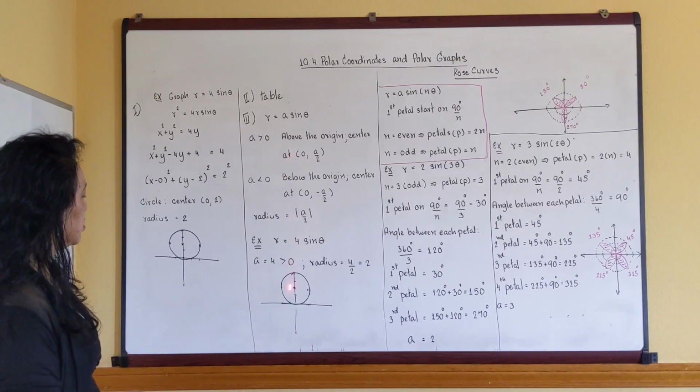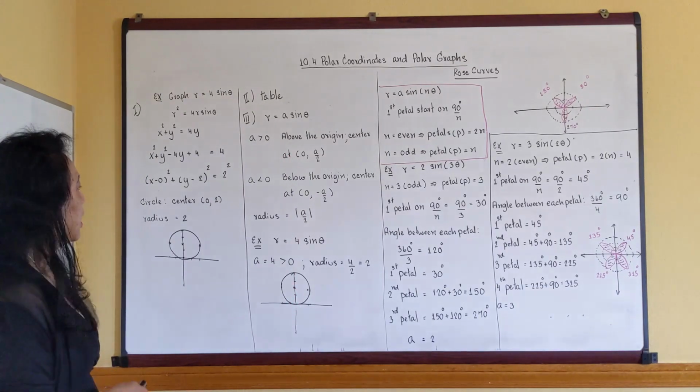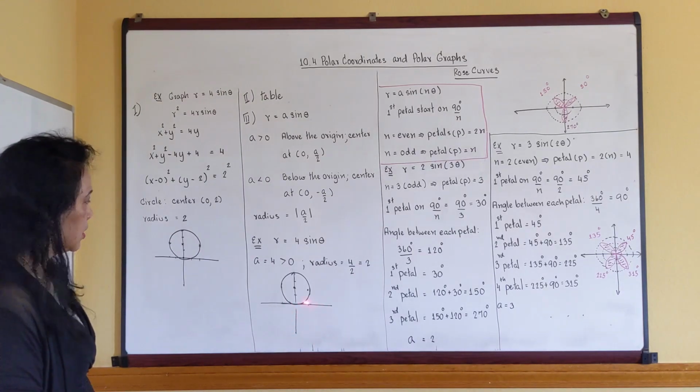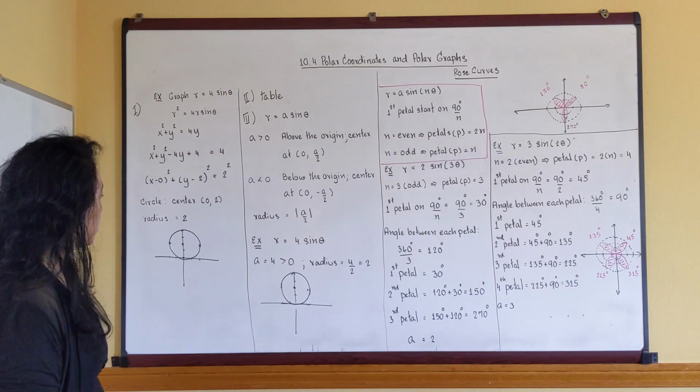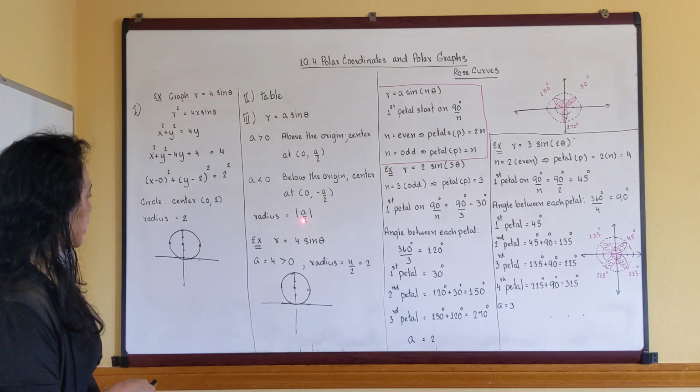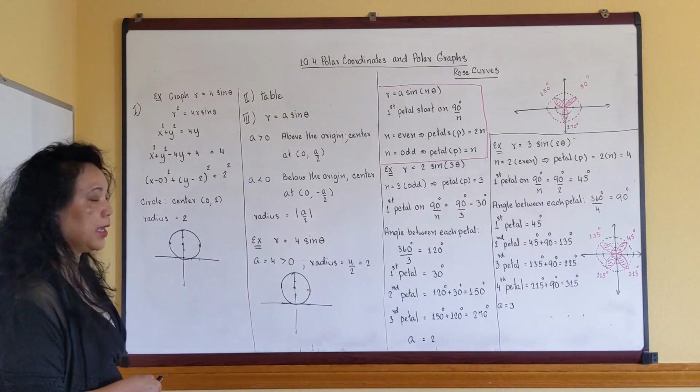The center is going to be (0, a over 2). If a is less than 0, you're going to have a circle below the origin, center at (0, negative a over 2), and the radius will be the absolute value of a over 2.